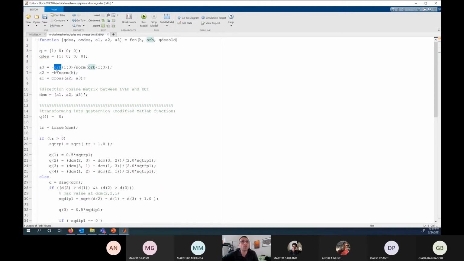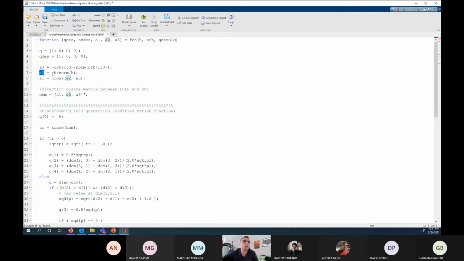The position vector is normalized, so it's now a unit vector, and it's pointing towards the planet because I have a minus. So that's the third axis of the LVLH that I've defined before, the airplane-like LVLH, the one with the Z pointing down. And I call it A3, axis 3.